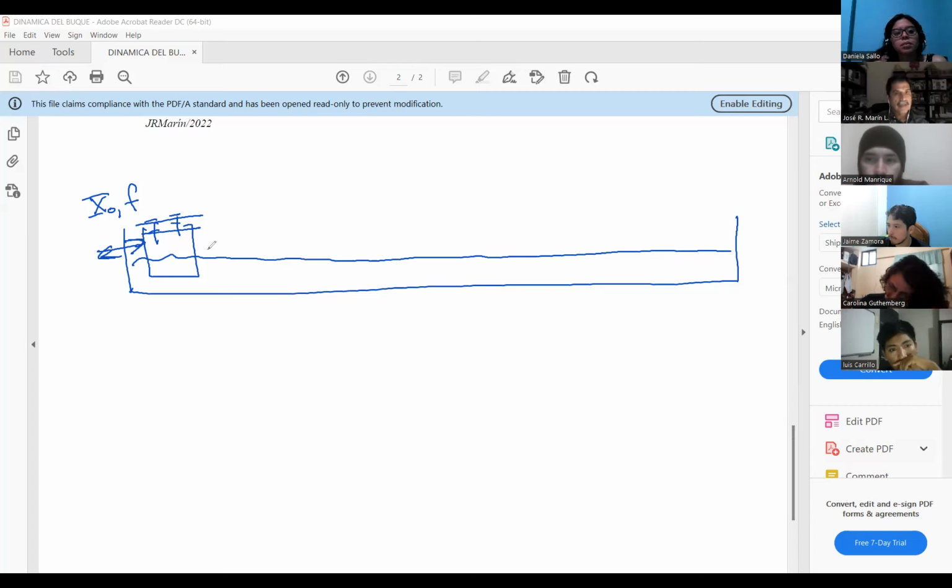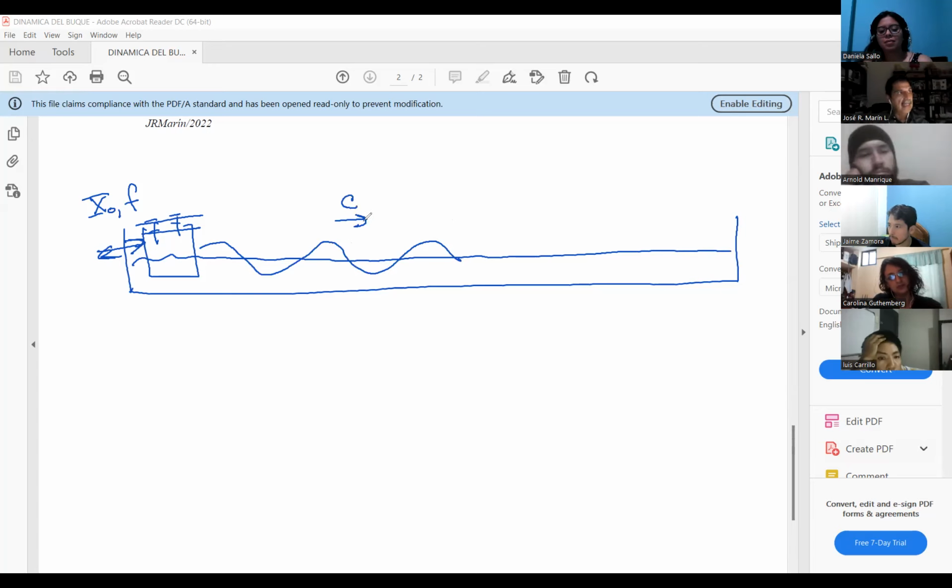As a result of that, we're going to have a wave which is going to be traveling with a certain celerity. The celerity, the length, related to the frequency, those are the characteristics that we want to check.